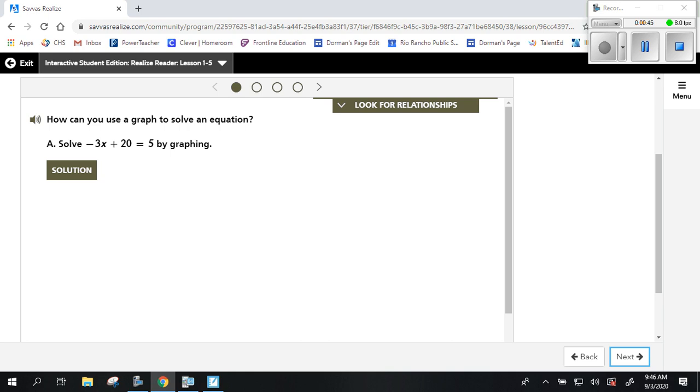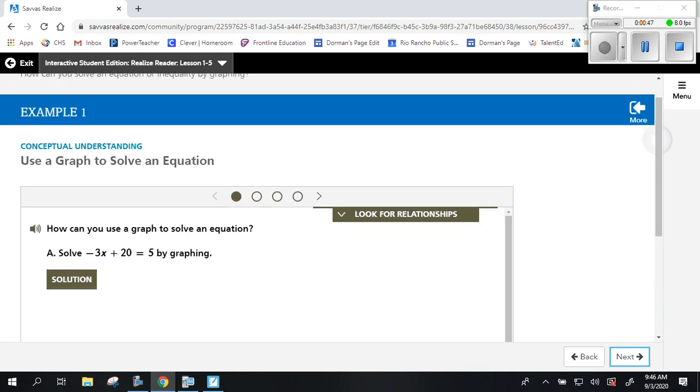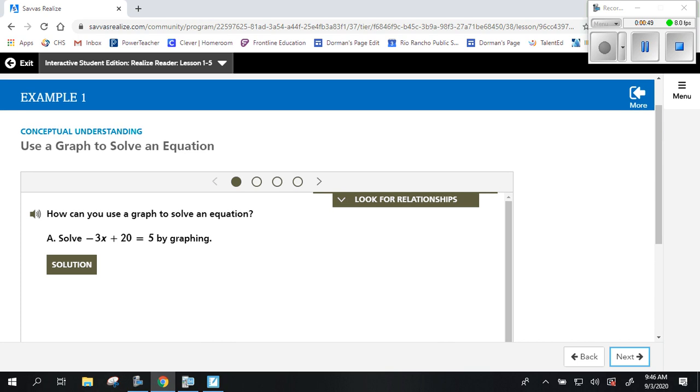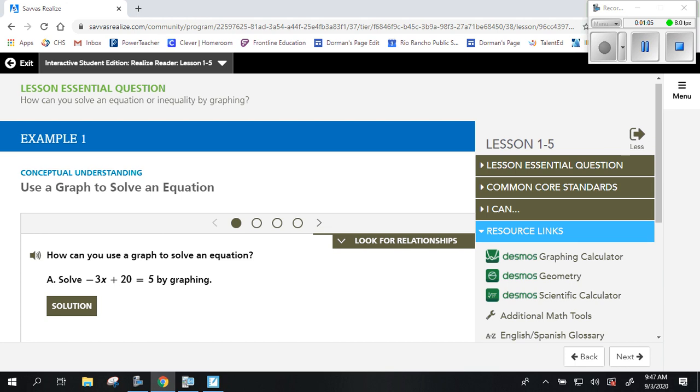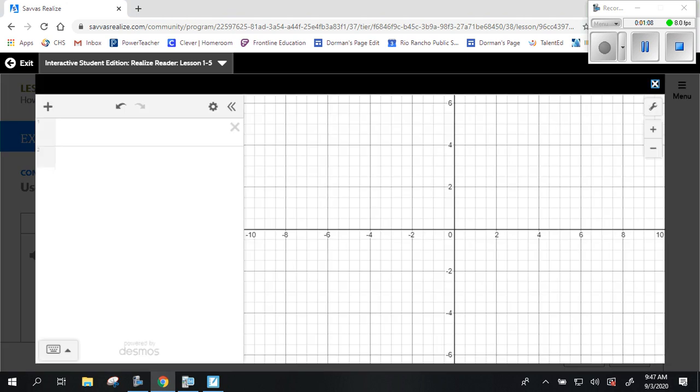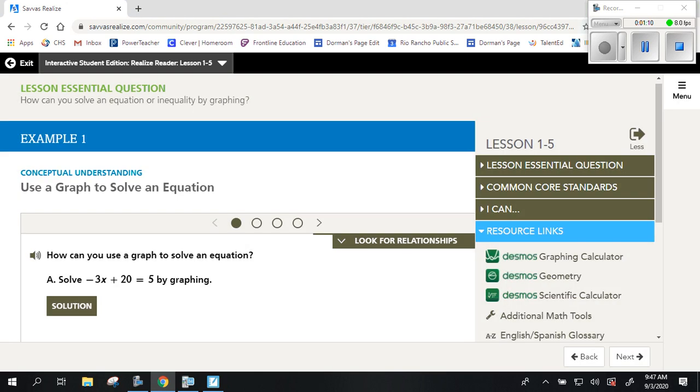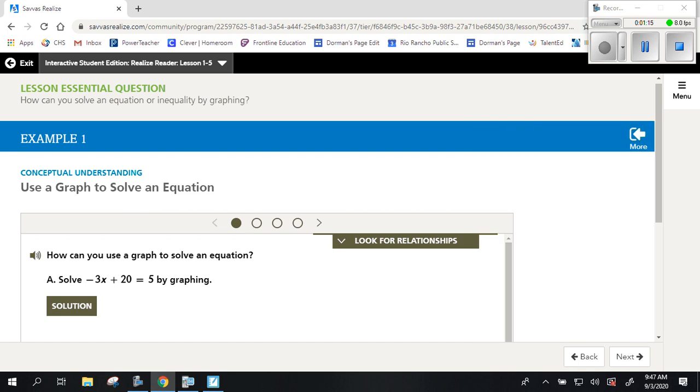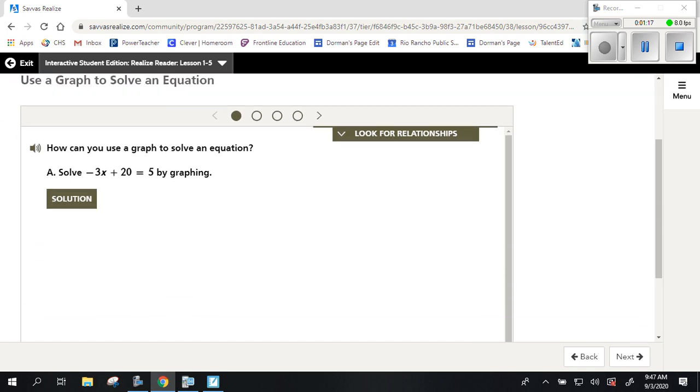If you have your TI-83, 84, or whatever graphing calculator you have handy, get that out. I'm going to show you how to use the TI-84 today, so you can follow along with it, or you always have your Desmos calculator right here. We'll do it both ways so you can get some use out of that calculator.